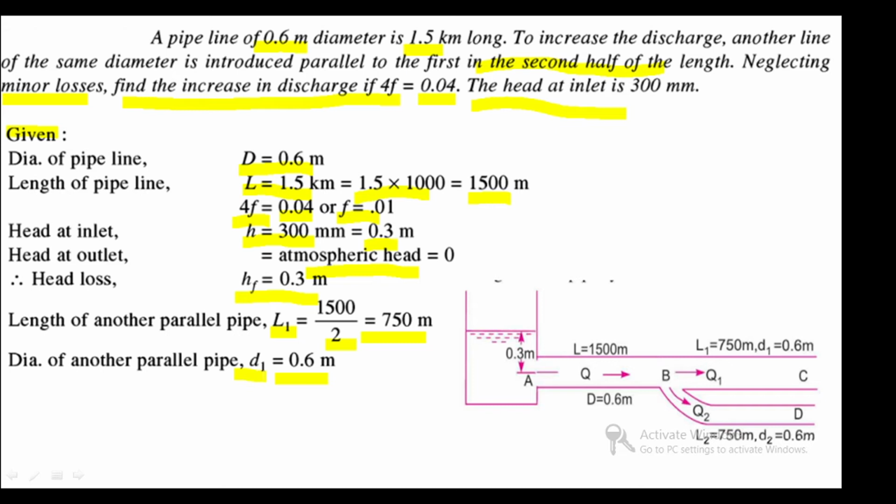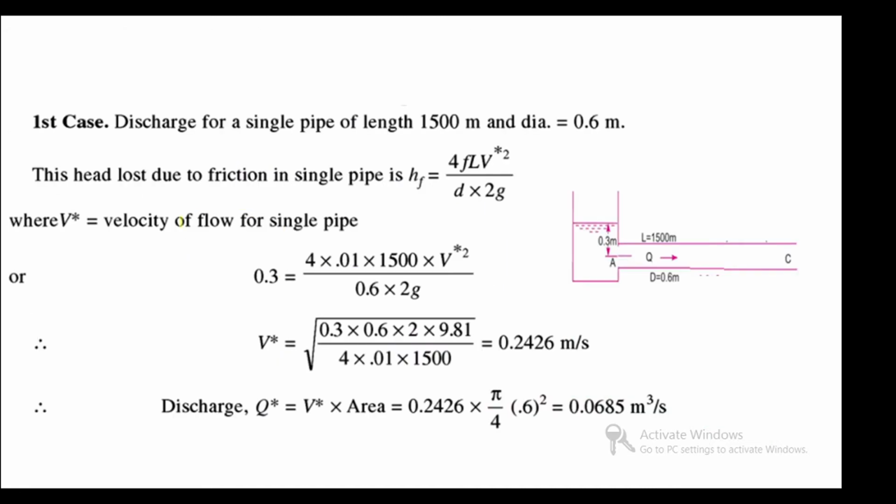In this problem we have two cases. The first case, discharge for a single pipe of length 1500 meter and diameter 0.6 meter. The head loss due to friction of the pipe is hf equals 4FL V star square divided by D into 2G. This V star indicates the single pipe velocity.